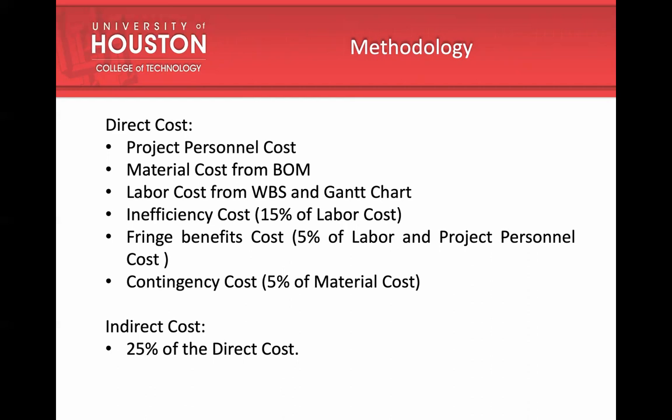Contingency cost is 5% of the material cost. As our project duration is only 18 weeks, we have considered only 5% of the material cost as a reserve cost. Indirect costs are calculated as 25% of the direct cost.